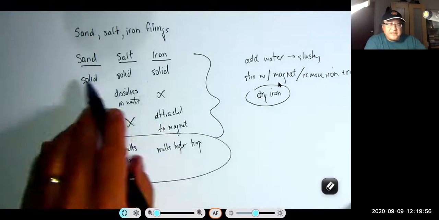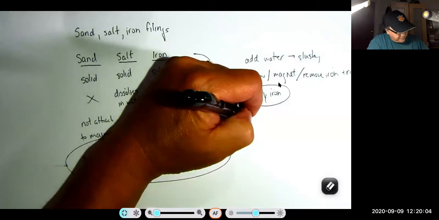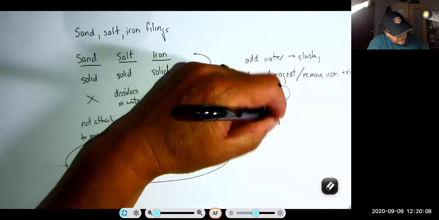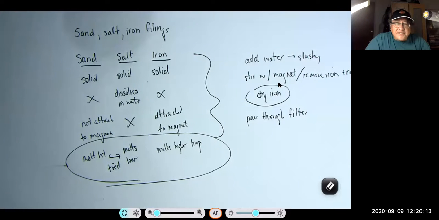How do we separate the sand from the salt? Well, remember, the sand has not dissolved, but the salt has. So then we're going to pour it through a filter. And we're going to use whatever filter we need to separate the sand from the liquid. So that means you're not going to use a very, very fine filter if you don't need it. If you can get away with a sieve of some sort, that's what you're going to do.